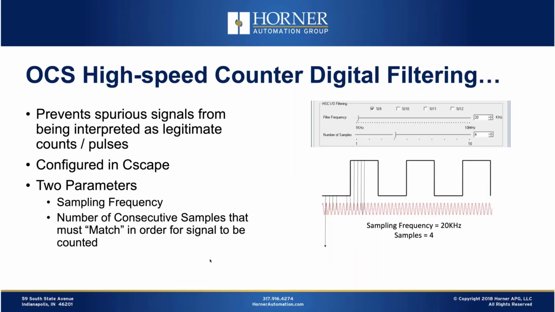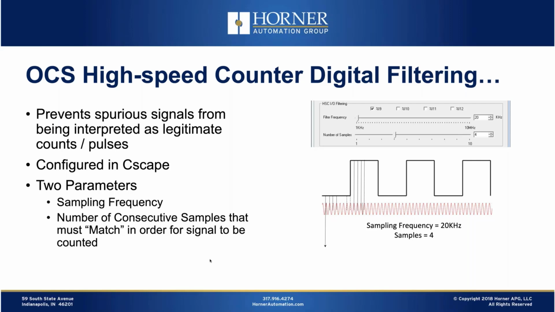Okay, now let's talk a little bit about filtering before I move on to the RCC high-speed coprocessor. So whenever you're counting pulses or transitions, whatever the case may be, and you have a counter which is capable of reading very fast signals, you definitely have an opportunity for spurious signals that might just be noise to be counted when you don't want them to be counted.